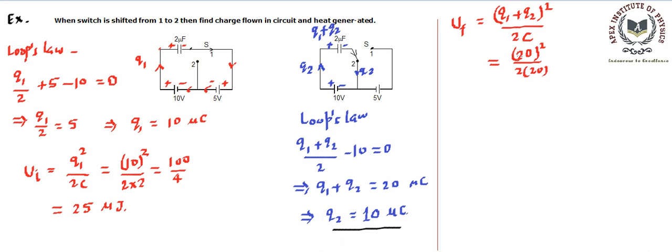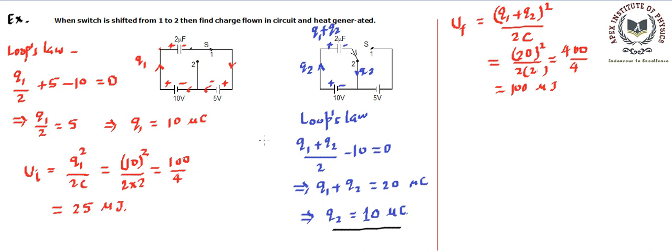That's 4. Pardon, this is going to be 2, not 20, because capacitance is 2. So we make the correction: 2 into 2, that's 4. So this turns out as 100 microjoule.